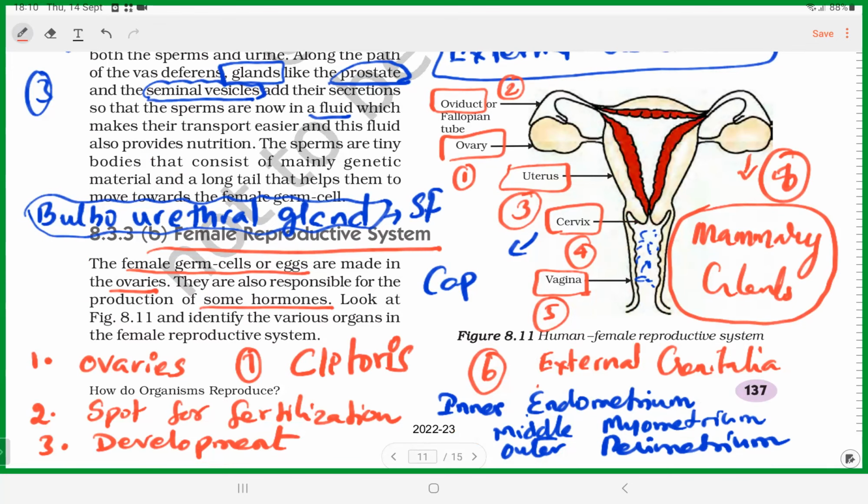See, in humans, the clitoris in the female does not develop, but it has a small erection property, and the same tissue develops into the penis in the male. Keep that in mind.